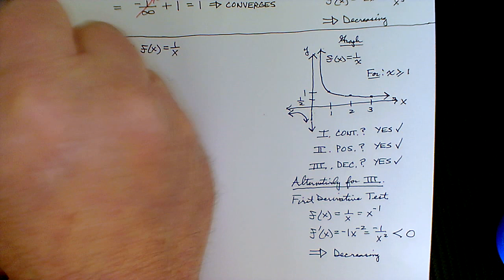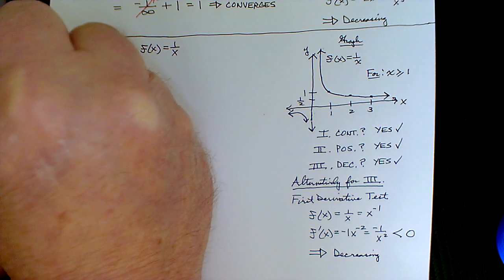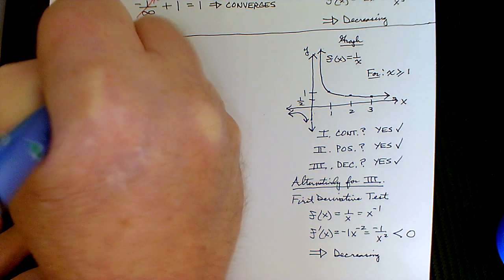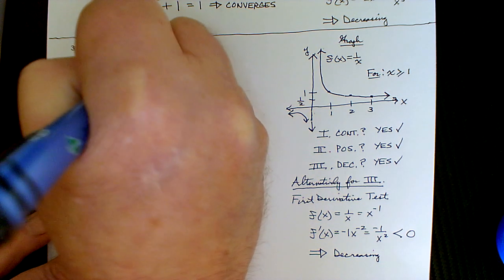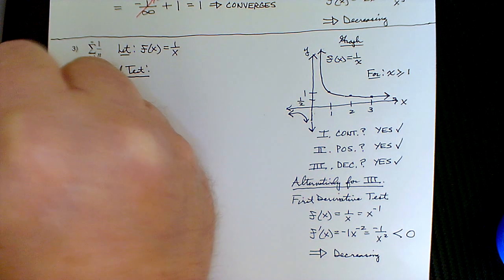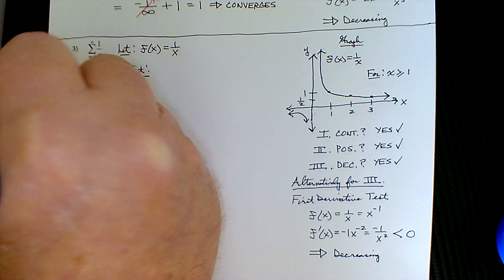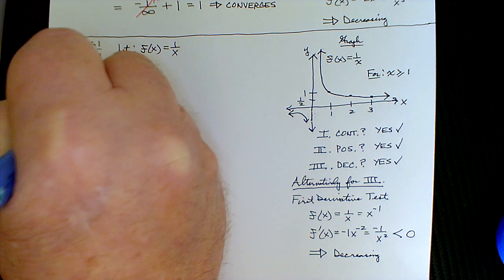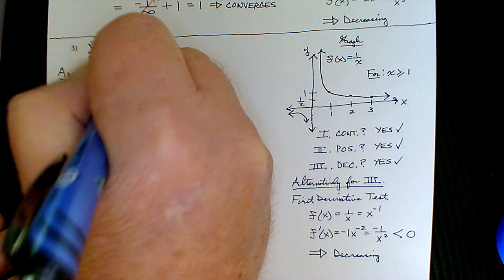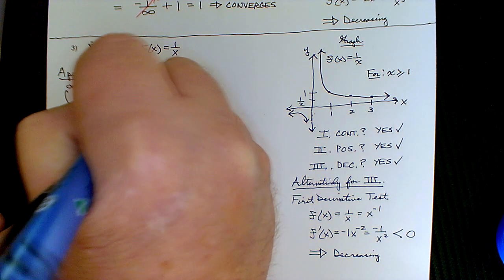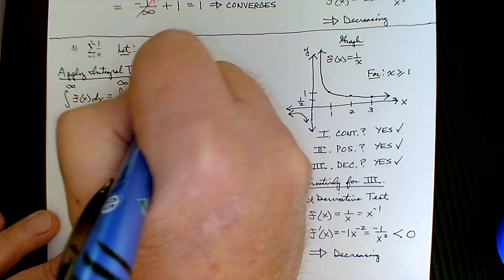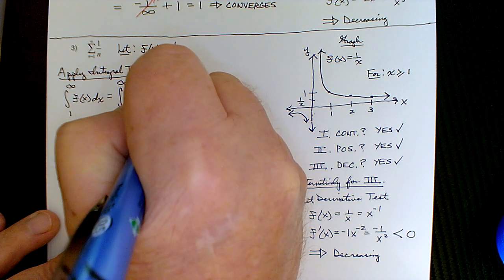Okay, so now we apply the integral test. So we take a look at the integral from 1 to infinity of the function with respect to x, which is the integral from 1 to infinity of 1 over x with respect to x. Improper integral again, because of the infinite limit of integration.